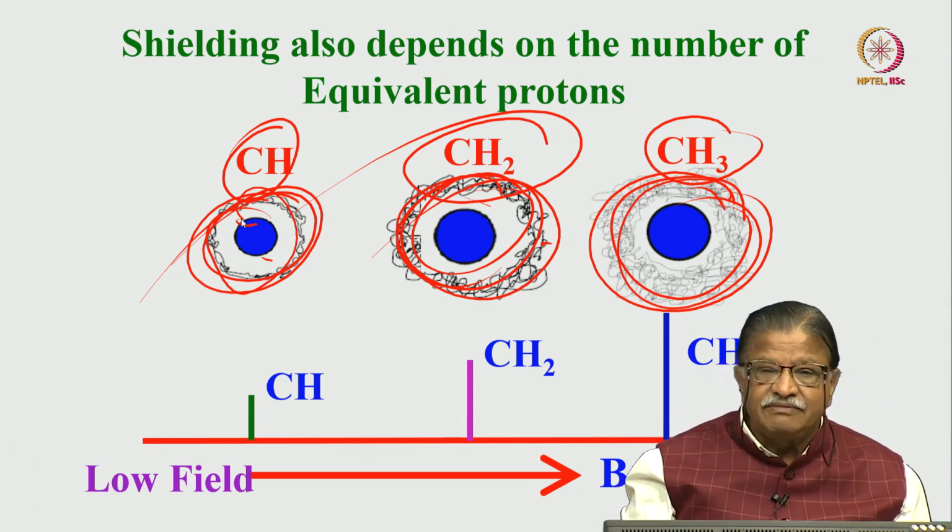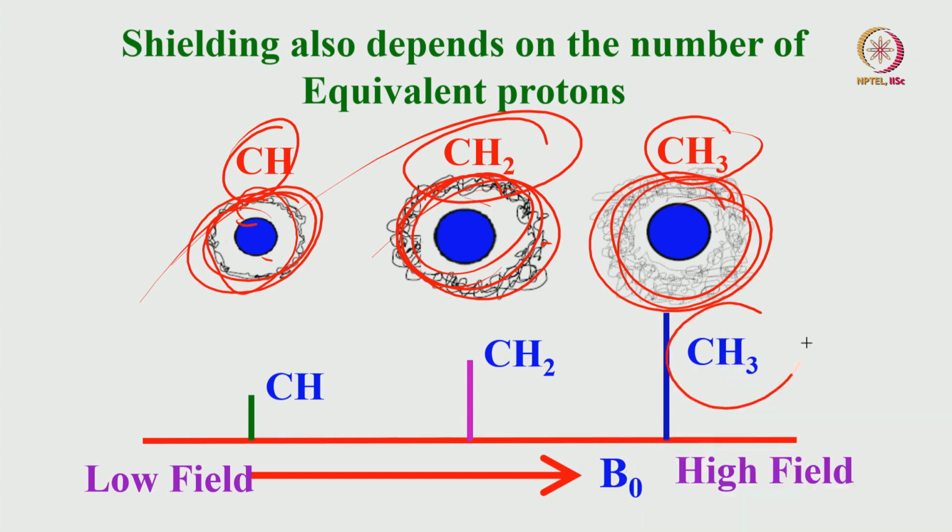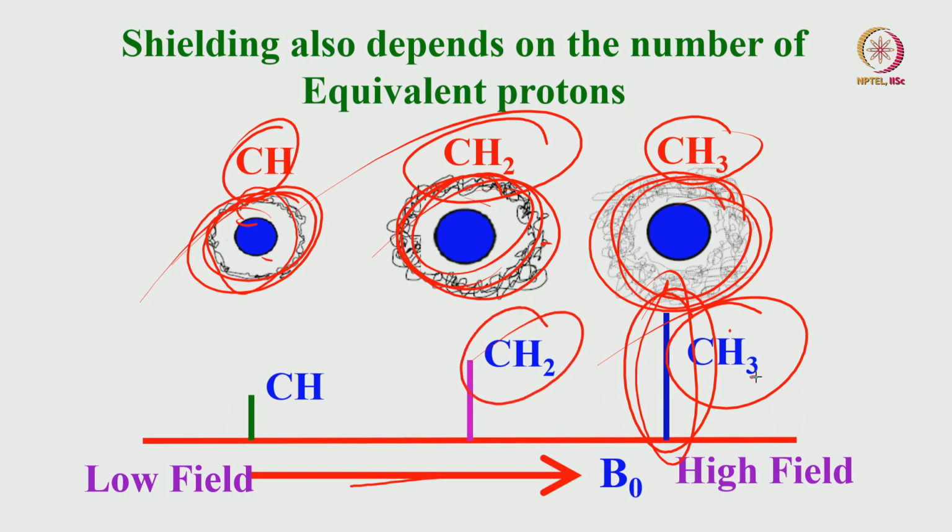As a consequence, CH3 protons are more shielded and come at the high field region. If I consider the magnetic field direction, B naught plus induced field is more for this. B naught plus induced field of CH2 is here, it is less than this, but more than this. If you come to CH, it is less compared to this and this.